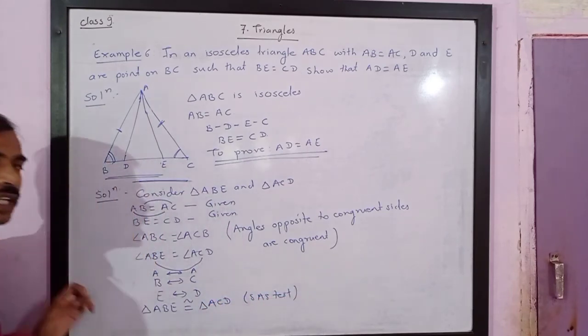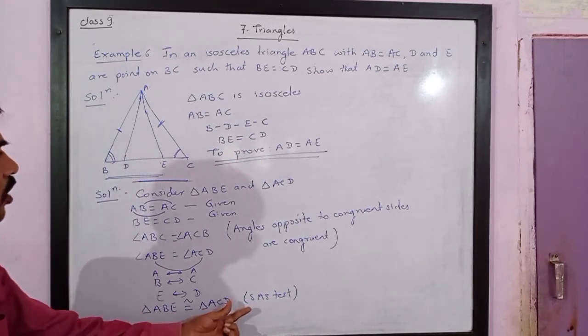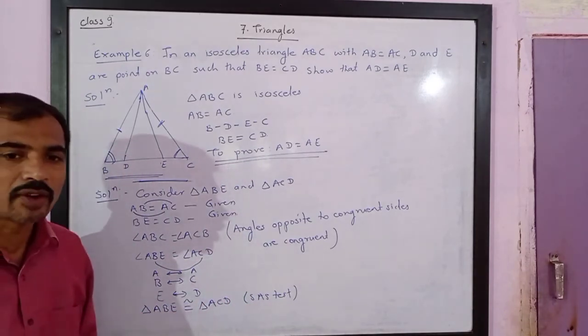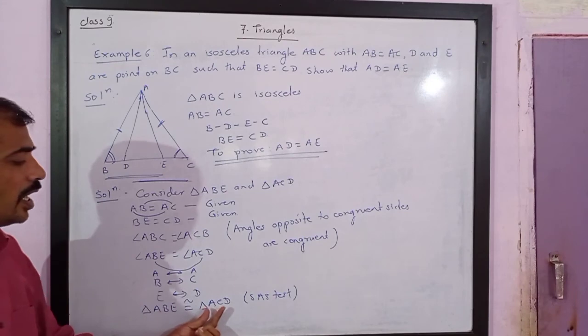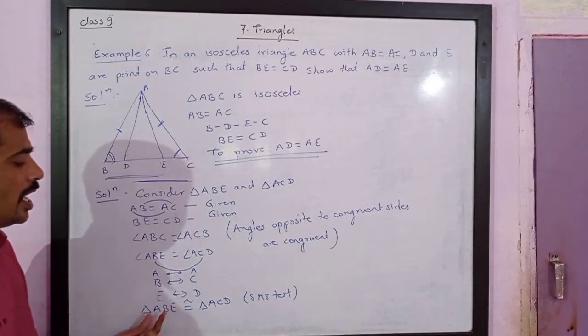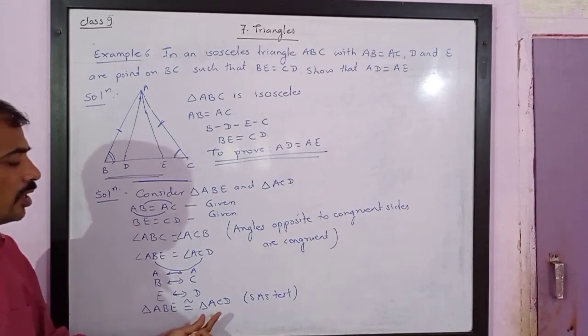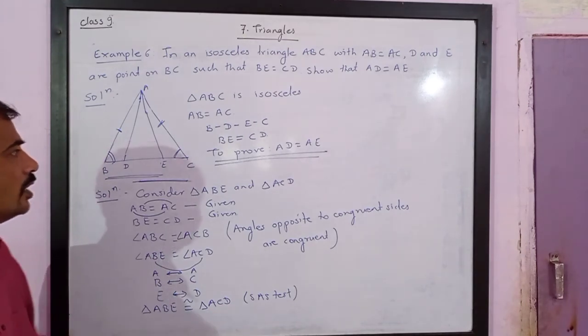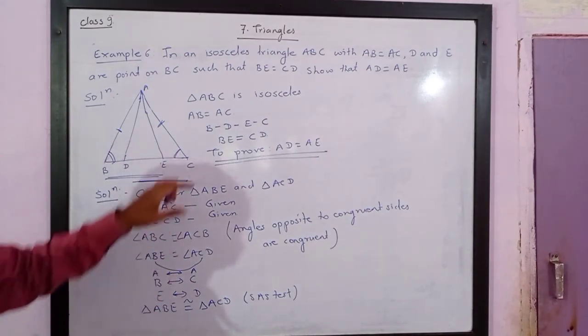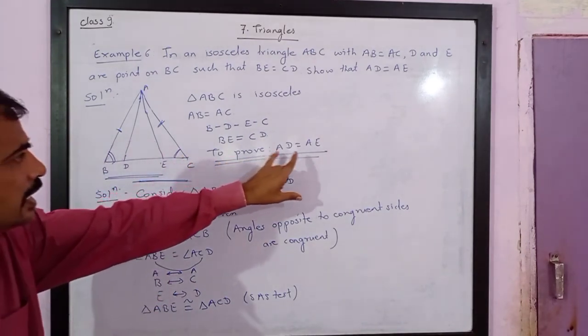So if two triangles are congruent, it means their corresponding parts are congruent. That is, three sides of one triangle are congruent to three sides of the other triangle, and three angles of one triangle are congruent to corresponding three angles of the other triangle. It means we were asked to prove AD is equal to AE.